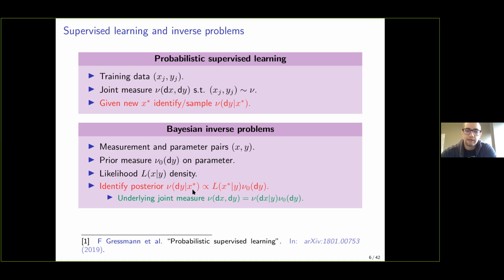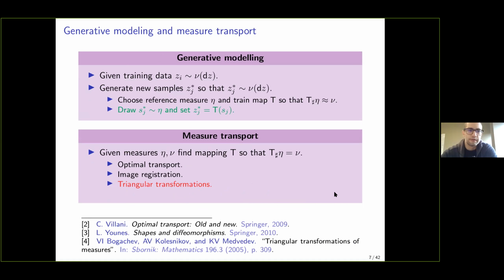This is, again, the conditional of an underlying joint measure, which is given as follows. What I mean by this equation is that you draw a sample from the measure on X and Y by drawing a sample Y from your prior, and then generating data X for that sample Y, okay? So they're both conditional sampling. That's the point that I'm trying to make.